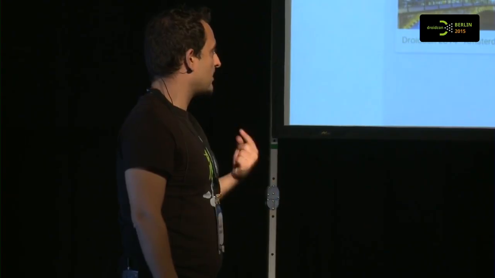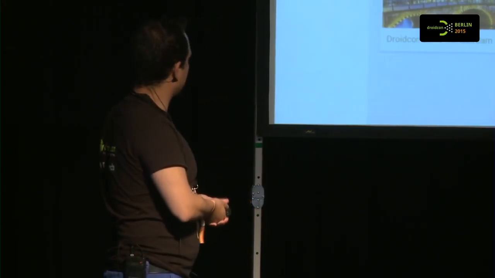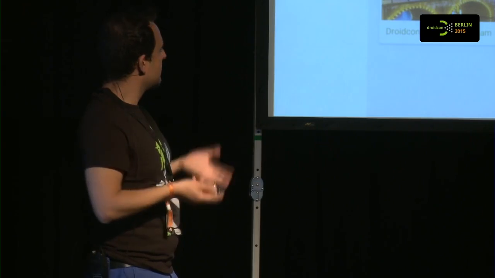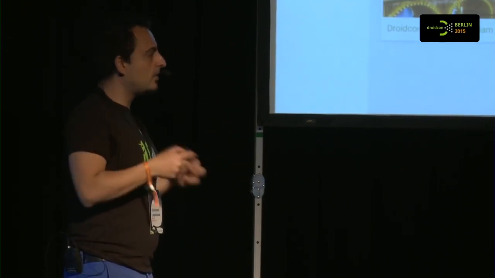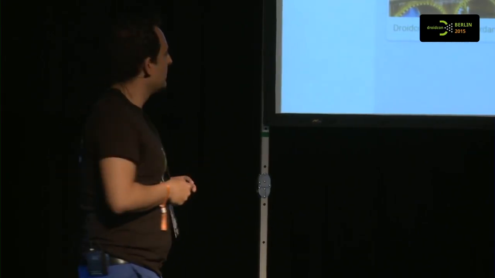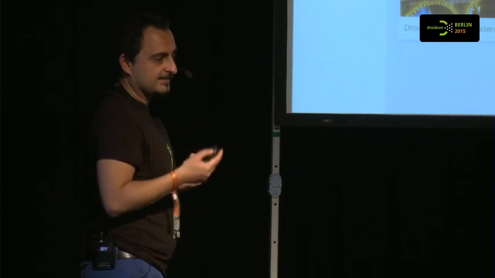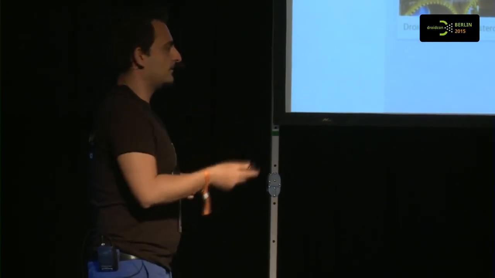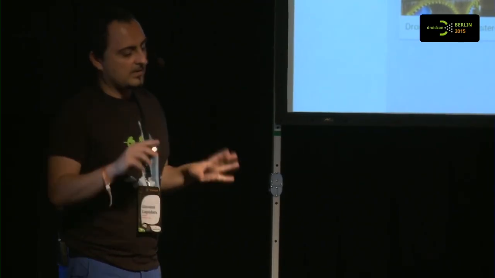You only have to download one app and select the event in which you want to play. For example, if you want to play in Droidcon 2015 here in Berlin, you can, because we have developed a backend that stores all the data from this game. And you need only one app. If you want to have this application for your event too, you only have to take the one app from the Play Store and create the hunt.